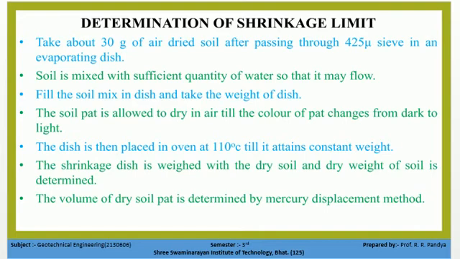The dish is then placed in an oven at 110 degrees centigrade till it attains constant weight. The shrinkage dish is weighed with the dry soil and the dry weight of soil is determined. The volume of the dry soil pad is determined by the mercury displacement method.